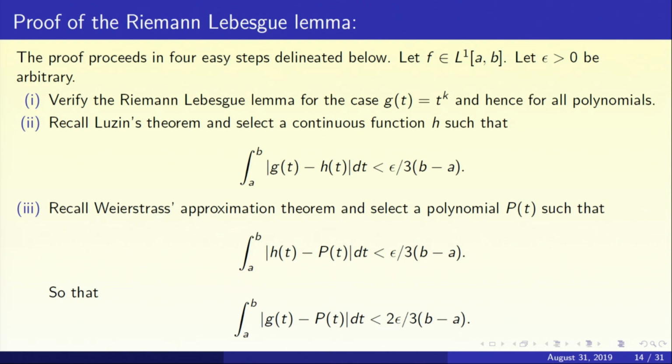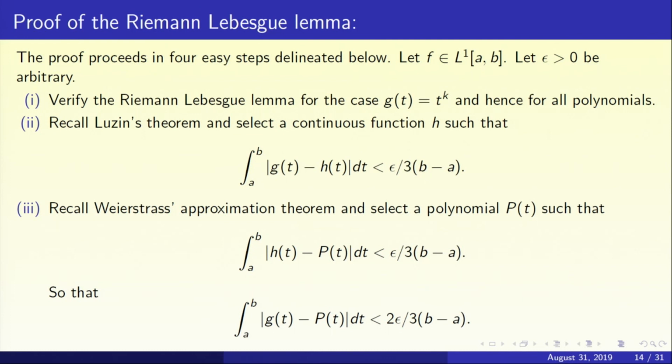So for example, when g of t equal to 1, when g of t equal to t, g of t equal to t squared, etc. Directly check, directly integrate from a to b g t sin nt dt and verify that it goes to 0. Similarly, integral from a to b g t cos nt dt, directly integrate and check that it goes to 0.